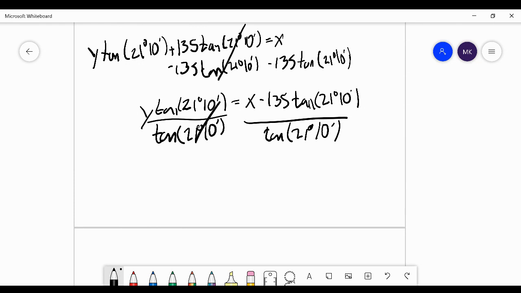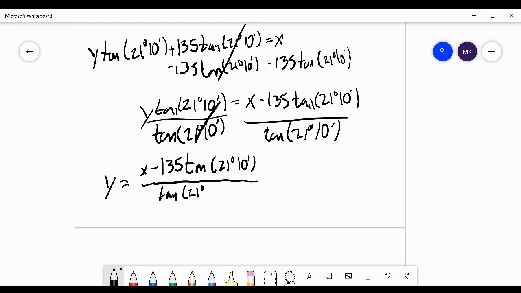And that's exactly the problem with this whole issue. And so what we end up with is y equals x minus 135 tangent of 21 degrees and 10 minutes divided by the tangent of 21 degrees and 10 minutes.